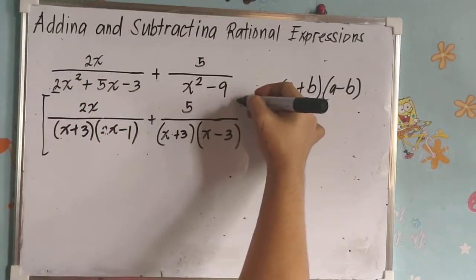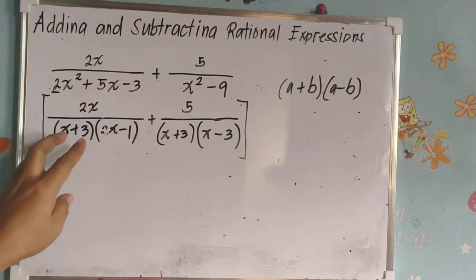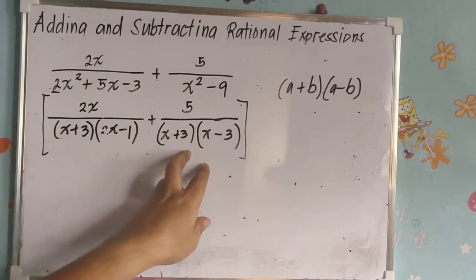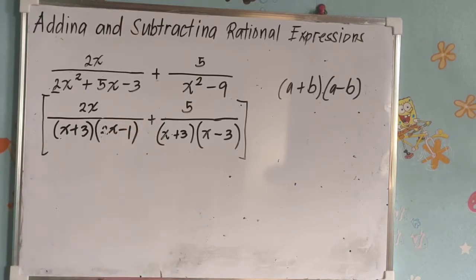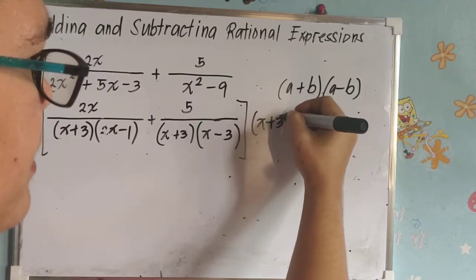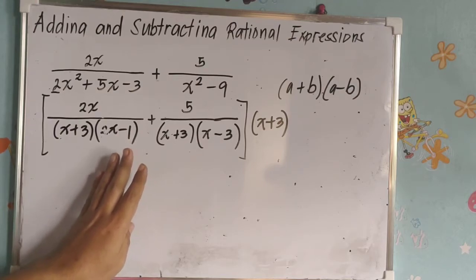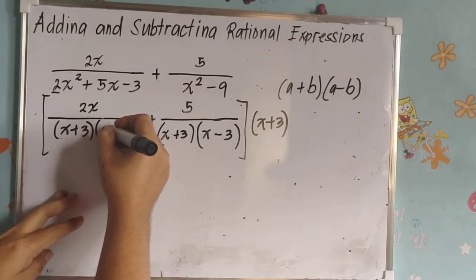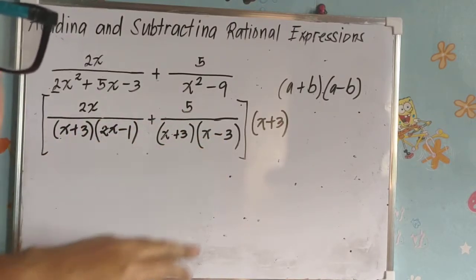So the LCD, okay, x plus 3 is common to both denominators. And they have the same degree. So therefore, just get x plus 3. And there are two distinct factors. We have the quantity 2x minus 1 and the quantity x minus 3.